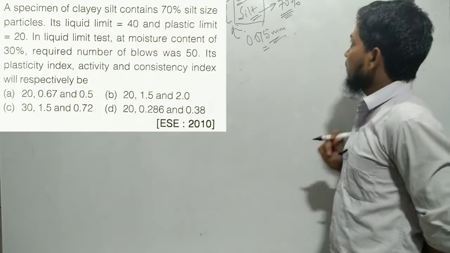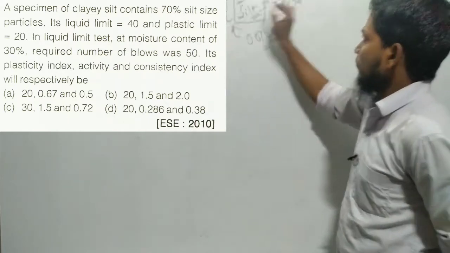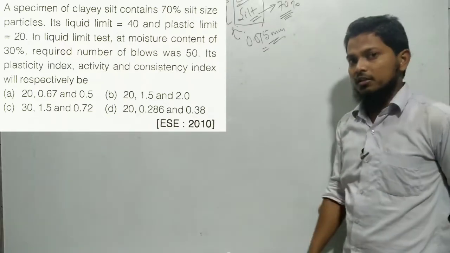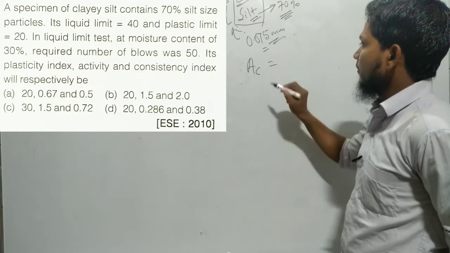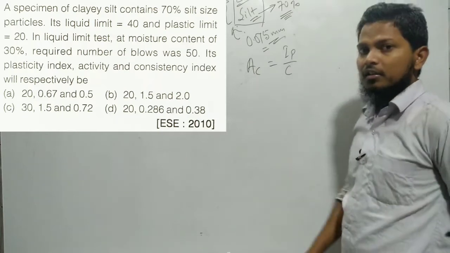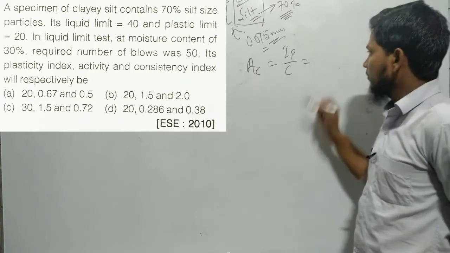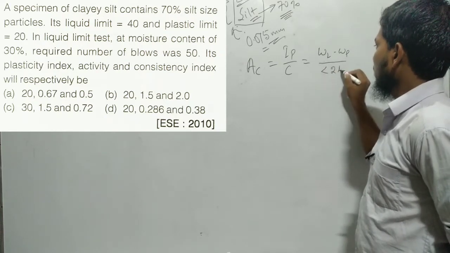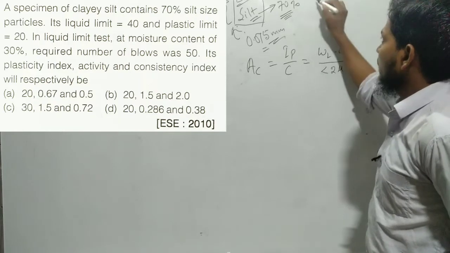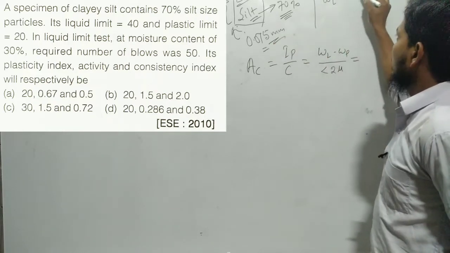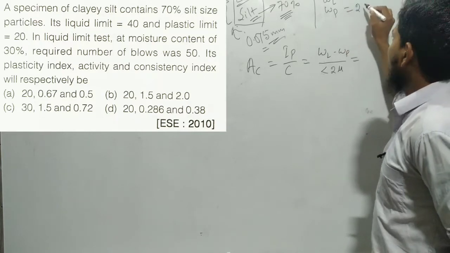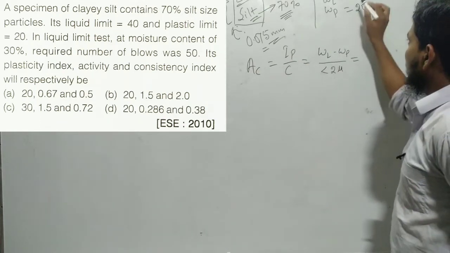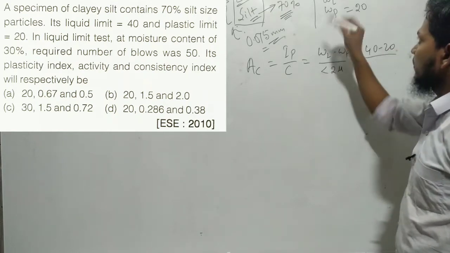Clay particles are 30% and silt particles are 70%. The clay particles, whose percentage is 30%, are less than 2 micron, which we will use when we find the activity. The activity of the soil is the ratio of plastic index upon percentage finer than 2 micron. Plastic index is WL minus WP. WL is 40 and WP is 20, so plastic index is 40 minus 20, which is 20. Percentage finer than 2 micron is 30.